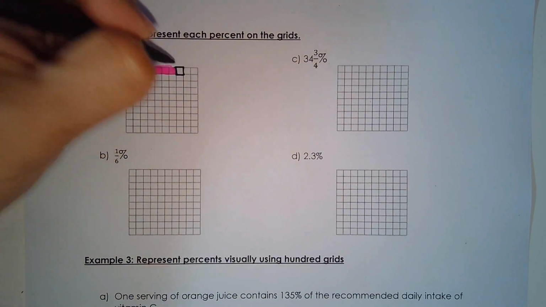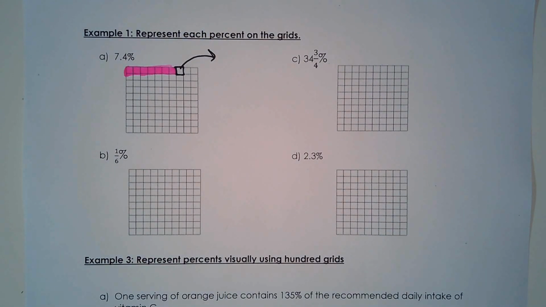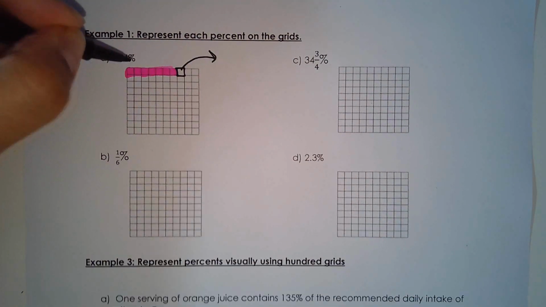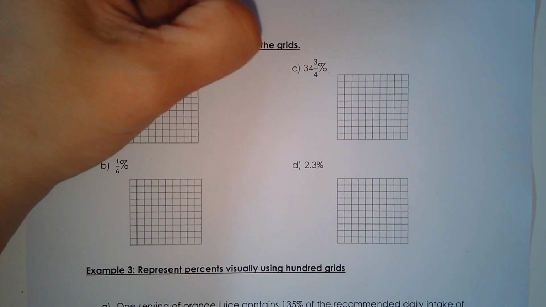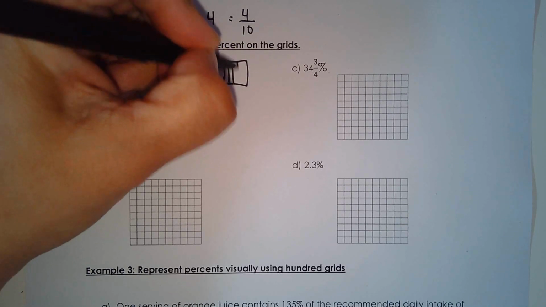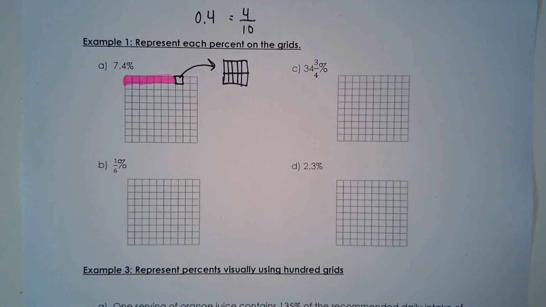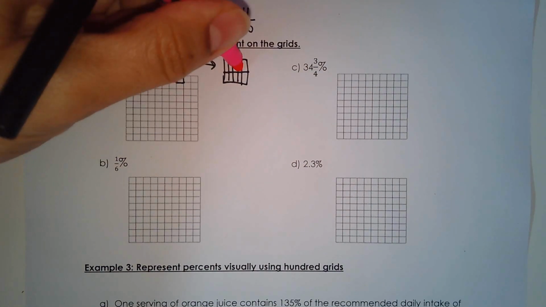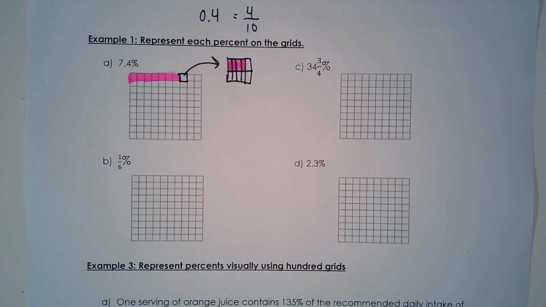So we take that 8th box and make it larger. So how do we represent 0.4? 0.4 is the same thing as 4 over 10, which means we would break this up into 10 portions and shade in 4 of them. So that's 7.4%.